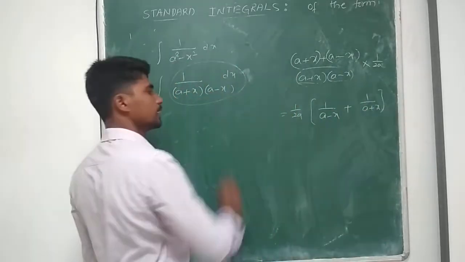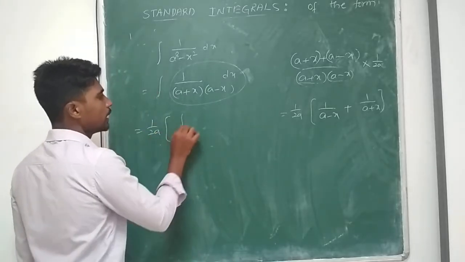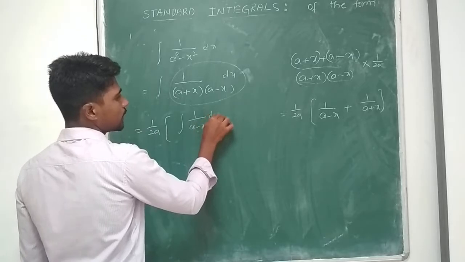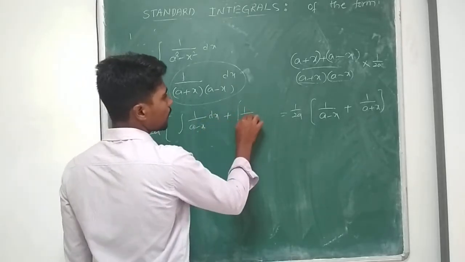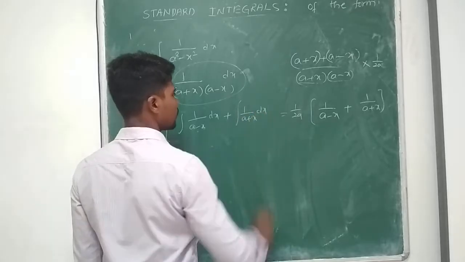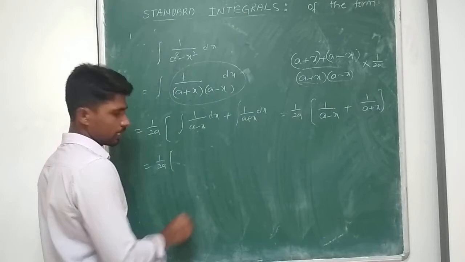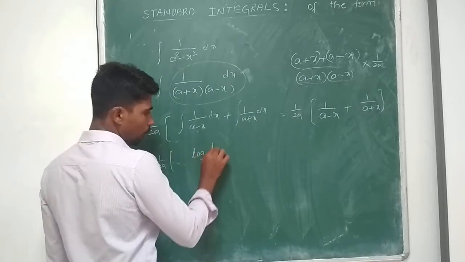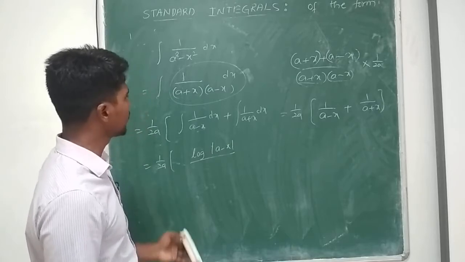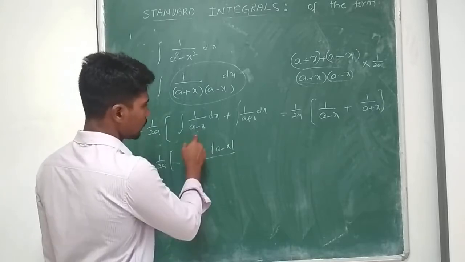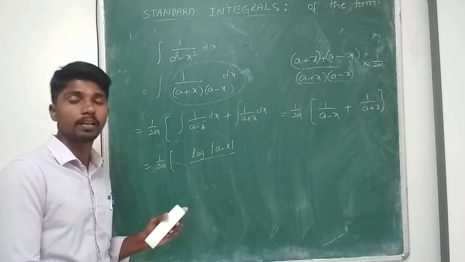So I want to find its integration. 1 by 2a is a constant, take it outside: 1 by 2a into integral 1 by a minus x dx plus integral 1 by a plus x dx. Now 1 by 2a into 1 by a minus x integrates to log mod a minus x divided by the coefficient of x, because it is not in the form 1 by x, it is in the form 1 by ax plus b.